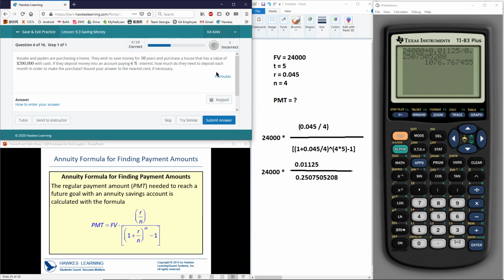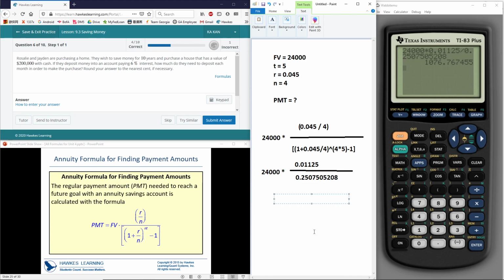But now, let's look at this here. They wish to save money for 10 years, so how much do they need to deposit? This is the same type of problem. Basically, we have a future value.